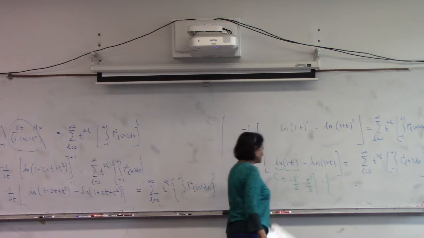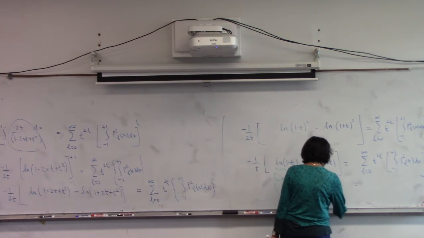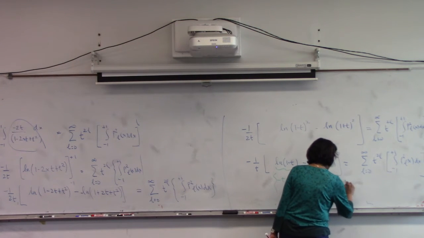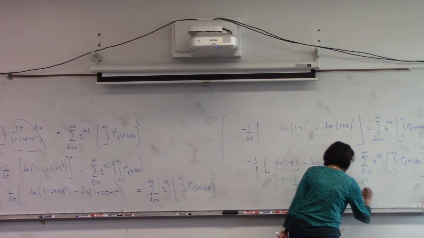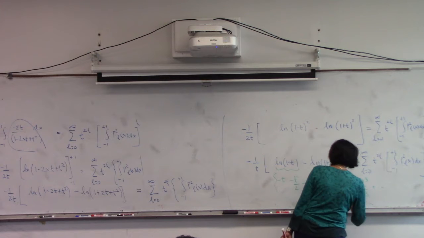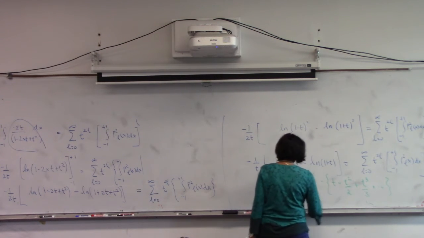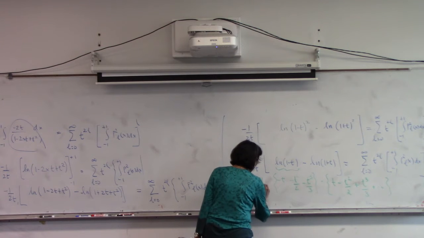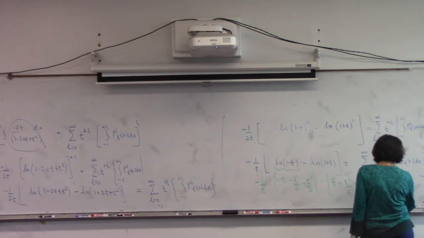Natural log of 1 plus t is t minus t squared over 2 plus t cubed. So that one is alternating, and the other one has all the terms negative, right? This should be equal to this whole stuff, and there's a negative 1 over t here.